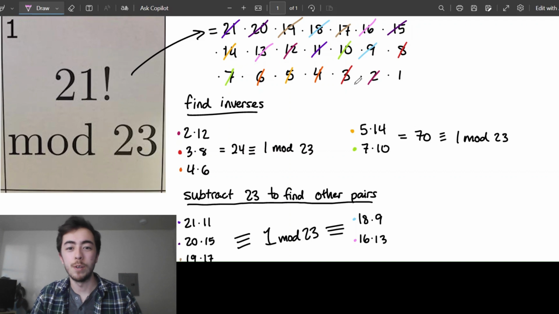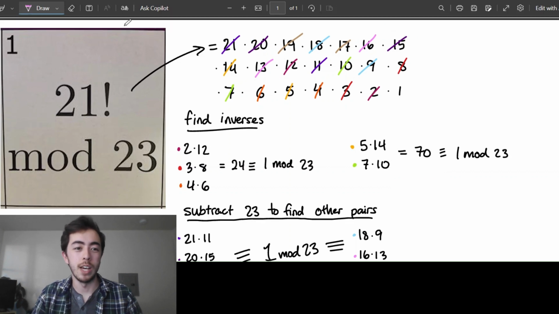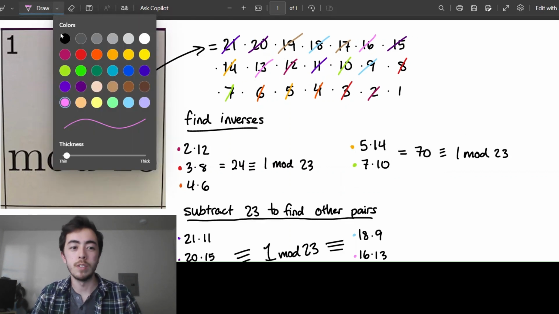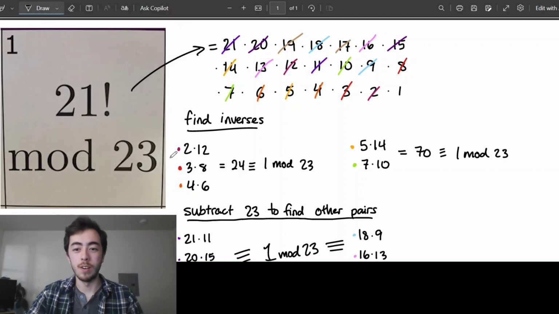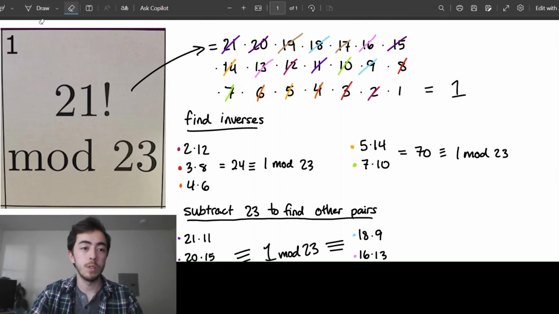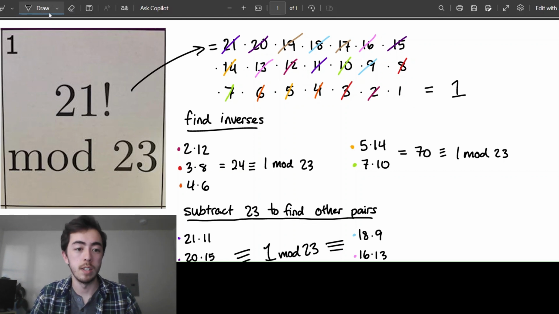Great. So all of these numbers have a little buddy. All of these numbers cancel each other out. And we are just left with 1 right here. Cool. So once we do 21 factorial and hit it with mod 23, we just get the number 1.